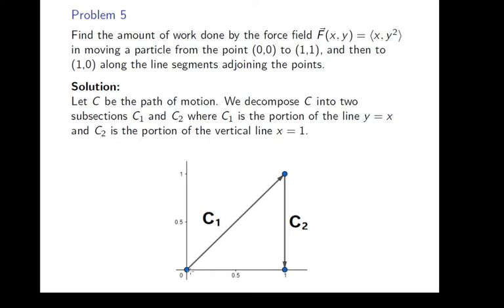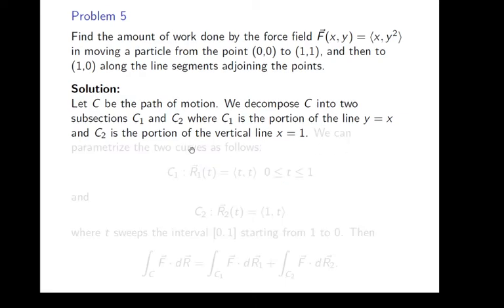So we have here the line segment from (0, 0) to (1, 1), and this line segment is called the curve C1. Now the line segment from (1, 1) to (1, 0) is called the curve C2. So we see that C is the union of the curves C1 and C2.